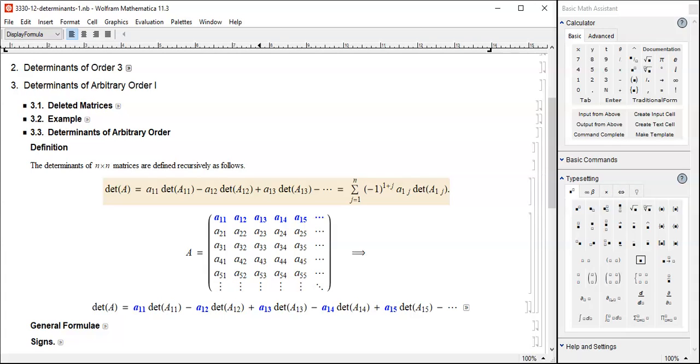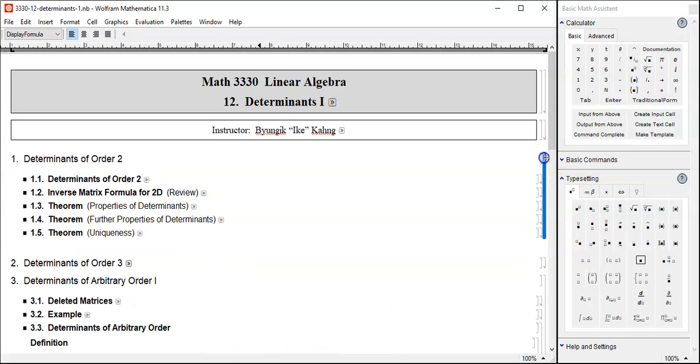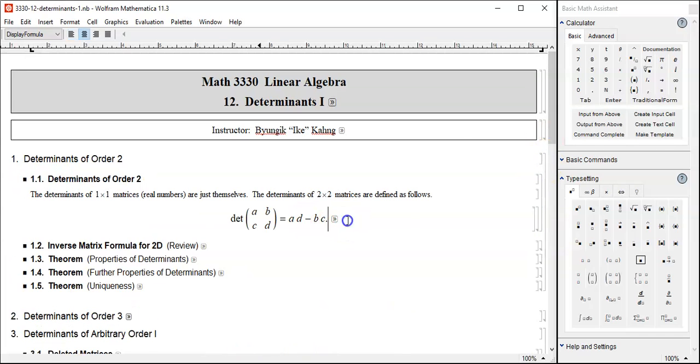In turn, the determinant of order n-1 is going to be defined by determinants of order n-2. So it goes down, down, down, and where does everything begin? Well, here we go. Determinants of order 2. We just defined using AD minus BC, and we proved everything using AD minus BC because this was simple enough, and that's where everything will start.